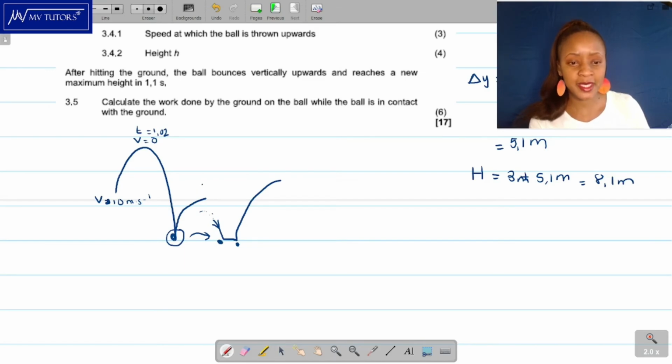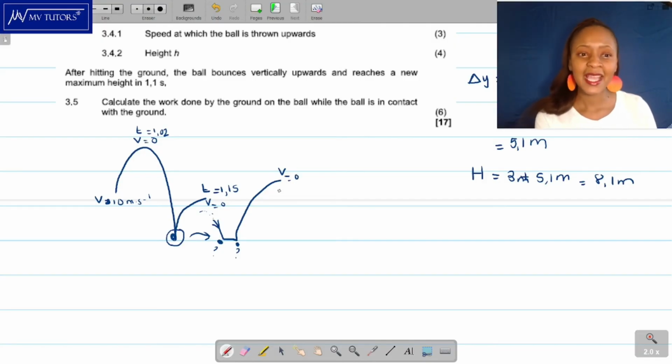But they told us when it reaches its maximum height here, it is at 1,1 seconds, and we know at a maximum height velocity is 0. So we want to know what is the velocity here and the velocity there, because we know here the velocity is 0. But anyway, we haven't even read the question.